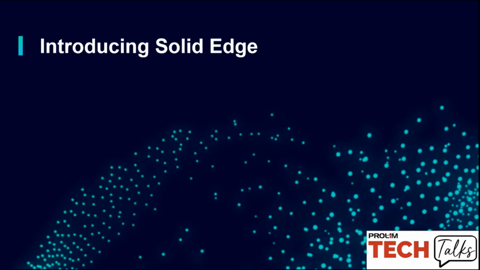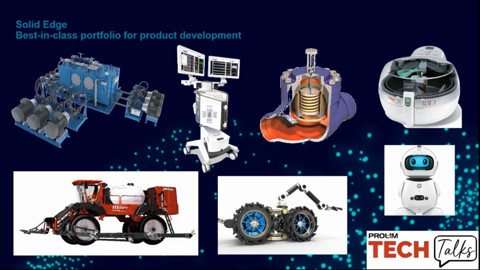So let's first quickly talk about Solid Edge, a powerful, comprehensive, and accessible software portfolio for product development. It's no longer just a design-focused product, in my opinion. There are many different types of manufactured products, and these are all designed and manufactured by companies in many different industry sectors.